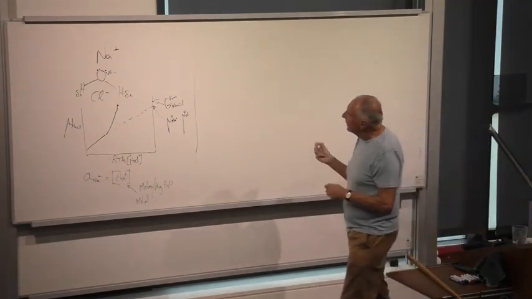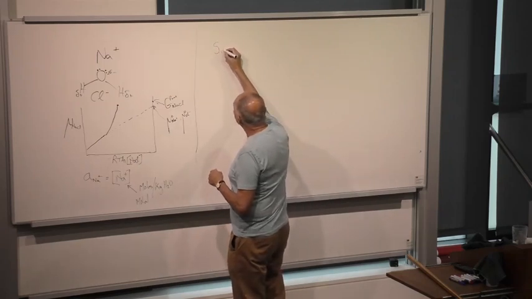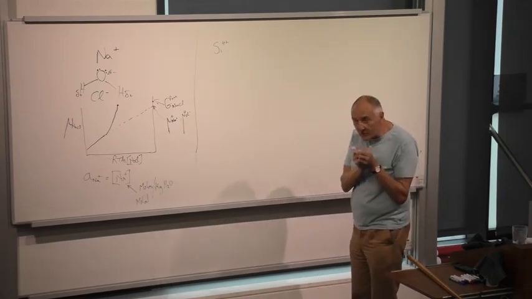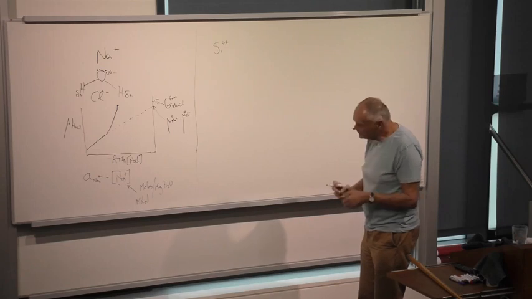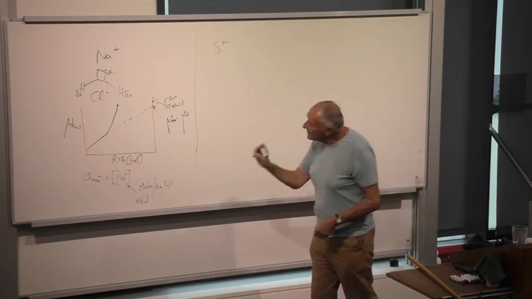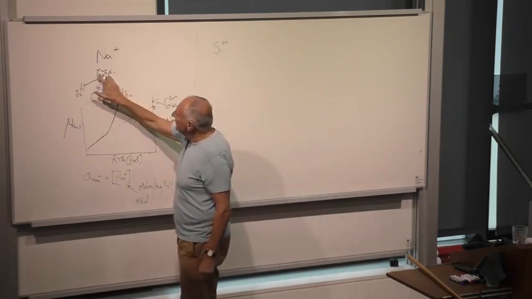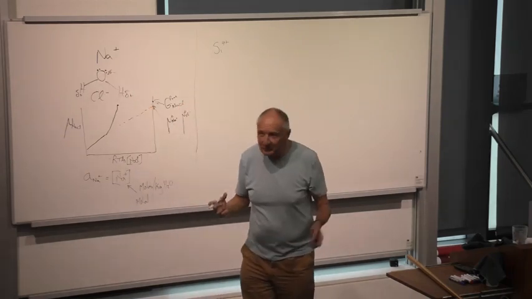Okay, so if we considered silicon, as we know, formally the charge is 4 plus. And silicon is a very small, highly charged ion. And of course, when we dump silicon into water, the attraction of the water molecules is going to be incredibly strong.